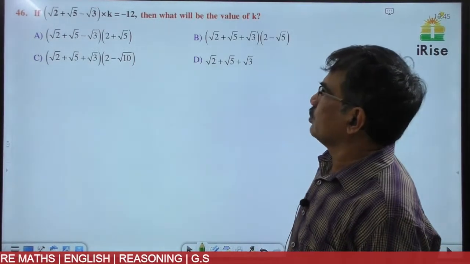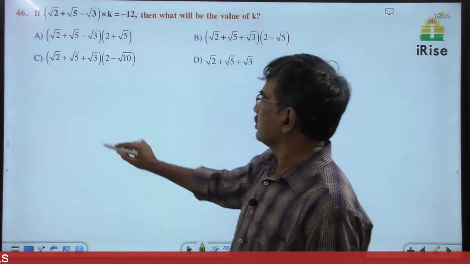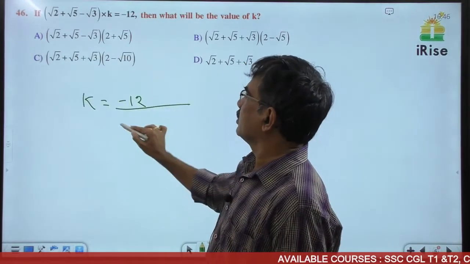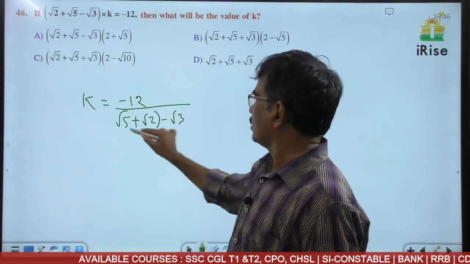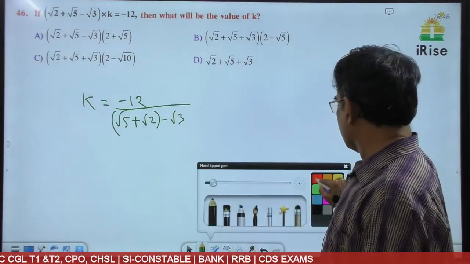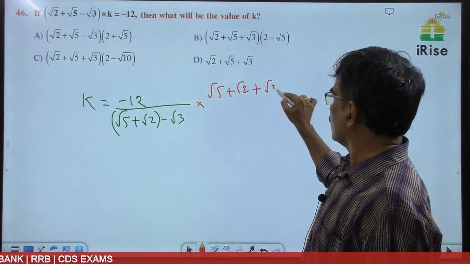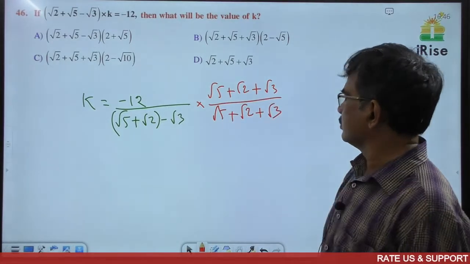Here root 2 plus root 5 minus root 3 into k is minus 12. Then what is the value of k? What is k? Minus 12 by root 5 plus root 2 minus root 3. Then multiplied and divided by root 5 plus root 2 plus root 3. Then what do we get?